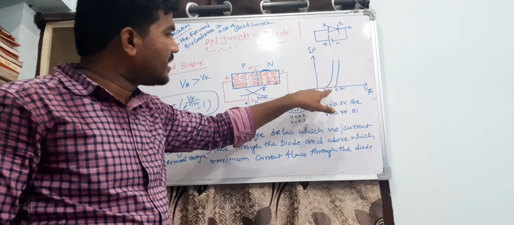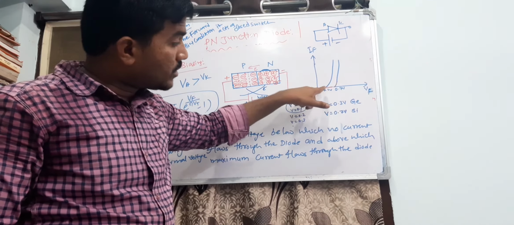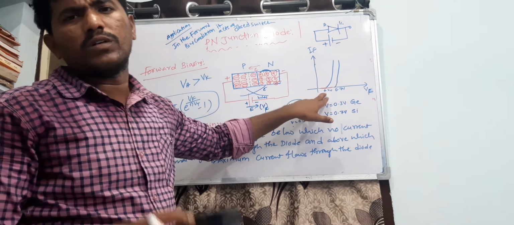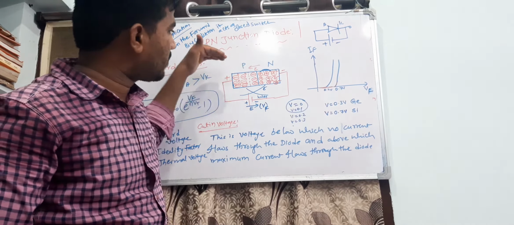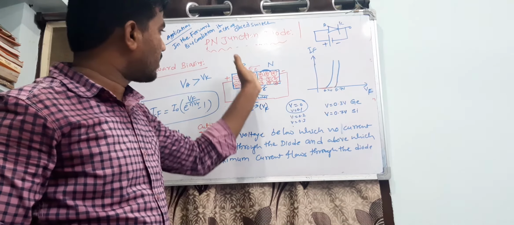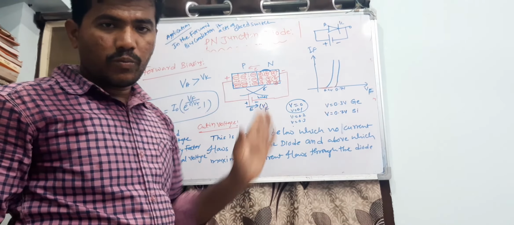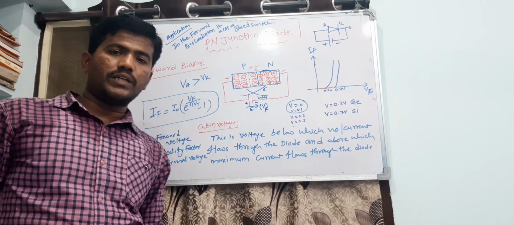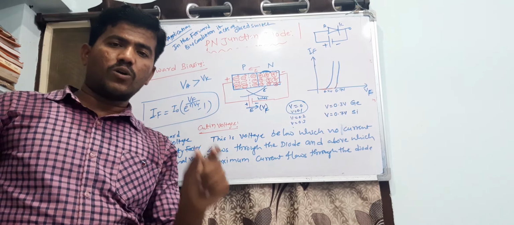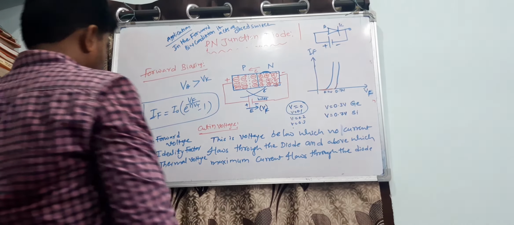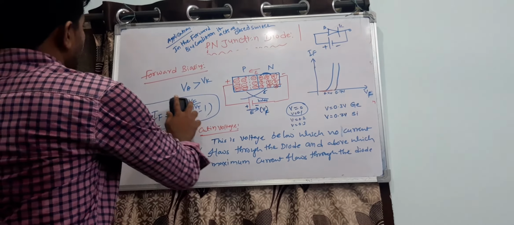After reaching 0.3 volt, the current increases a lot; I am increasing just a very small amount of voltage. This is because of diffusion only, because of the concentration gradient the current flows. That's why another important point you have to remember is that the current flowing in the forward bias condition is diffusion current. That's more than enough for you for the forward bias condition.